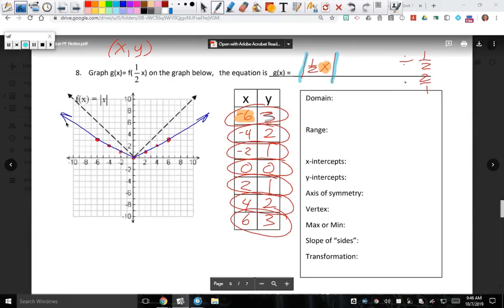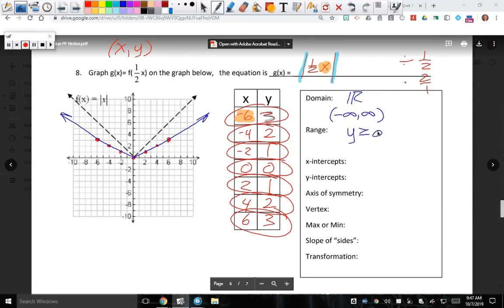Alright, this is definitely different than what the easy shift that we did before was, right? Here we go. Anyone, what's the domain? All real numbers. And you could put interval notation if you want. Okay? What's the range? Y is greater than or equal to 0, right?